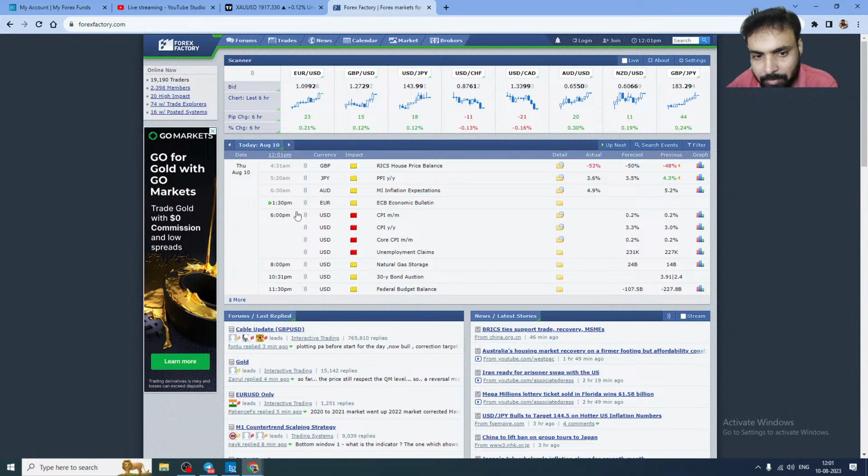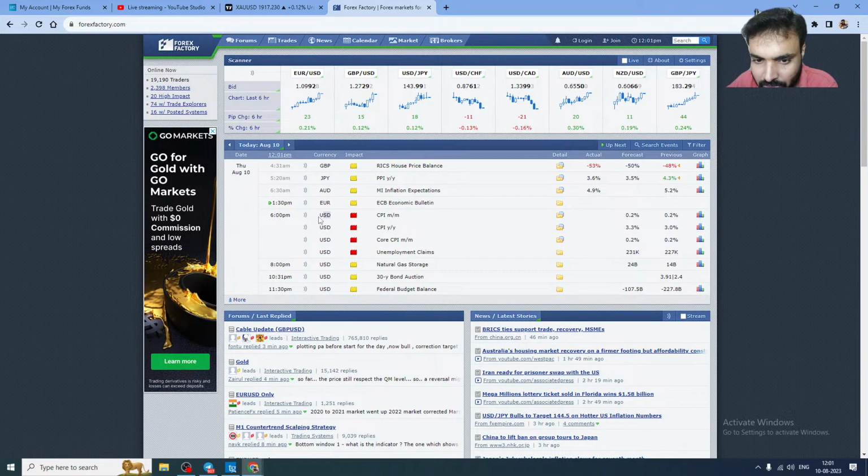Once you go to this website, you can see August 10. You can see the time 6 p.m., US dollar. You can see the red color box, a red folder kind of thing. This is nothing but high impact news. Yellow color is low impact. Orange color is medium impact news.